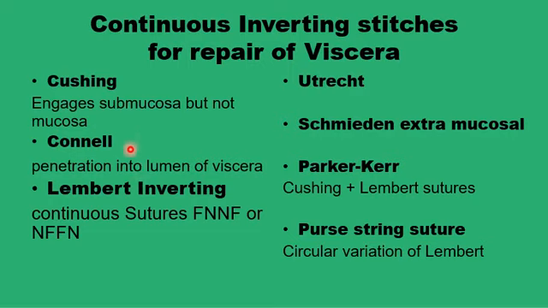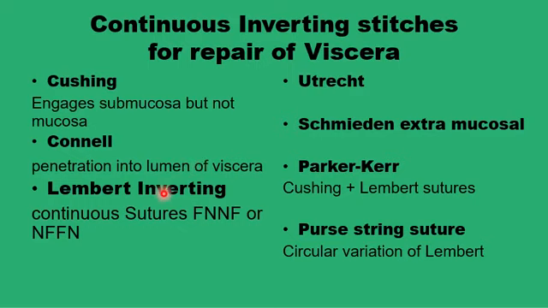The Cushing and the Connell are almost identical, except that the Cushing engages the submucosa and avoids penetration into the mucosal layer, while the Connell actually penetrates into the lumen of the viscus.